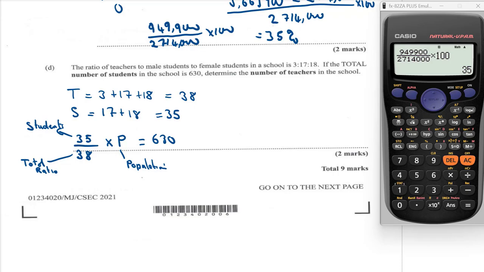So how do we go about finding P? Let's put it in our calculators first. 35 over 38 gives us some decimals, so we cannot use that directly. So P is equal to 630 times 38 over 35. Let's do this: 630 times 38 over 35.